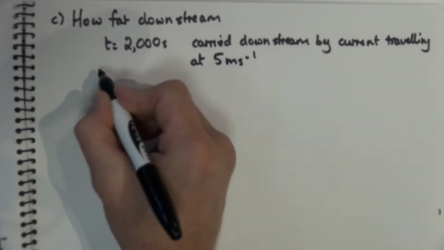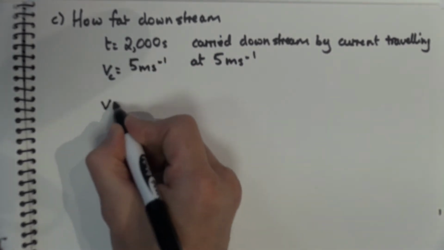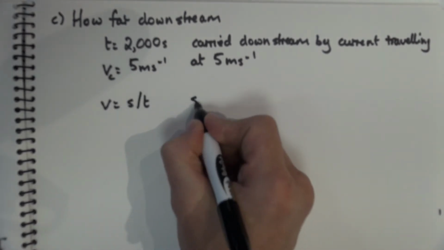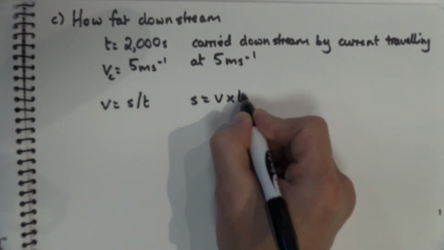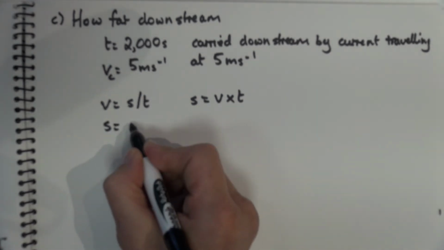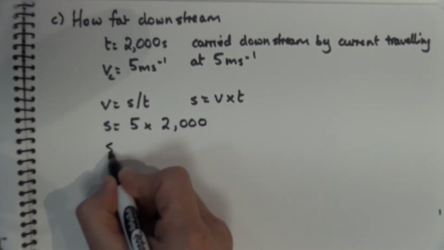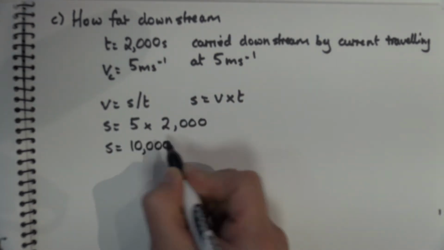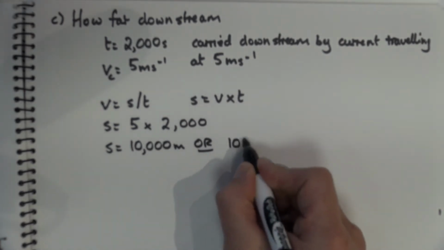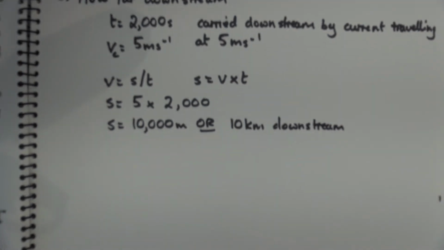I use speed equals distance over time, rearrange it to find the distance, v times t. So I've got 5 times 2,000, which means the distance traveled will be 10,000 meters or 10 kilometers downstream. So it's gone way downstream on this current.